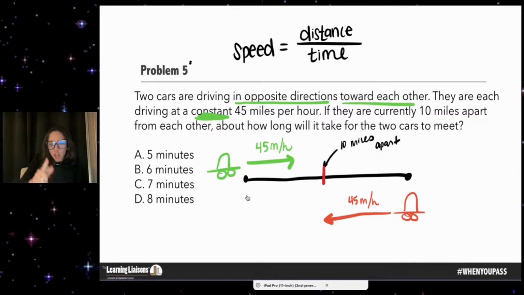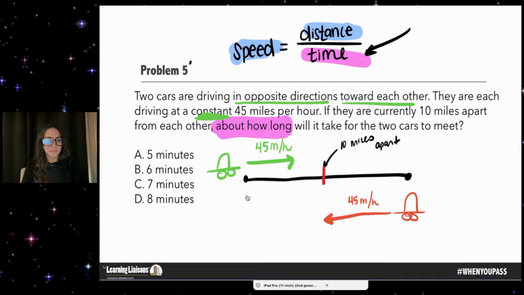I know my speed and I know my distance, but I don't know my time. And the reason I know I'm looking for time is the question says, how long? That tells me I'm looking for time.